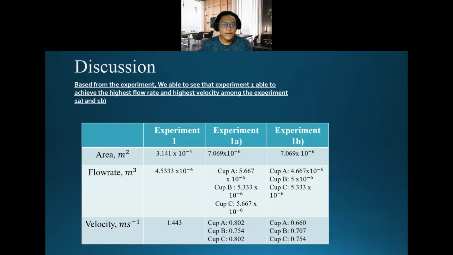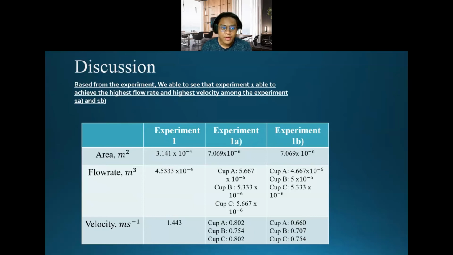Okay, now I will explain the discussion for this assignment. Based on the experiment, we are able to see that experiment 1 achieved the highest flow rate and the highest velocity among experiment 1A and 1B. Based on the table, experiment 1 has a bigger area compared to experiment 1A and 1B.